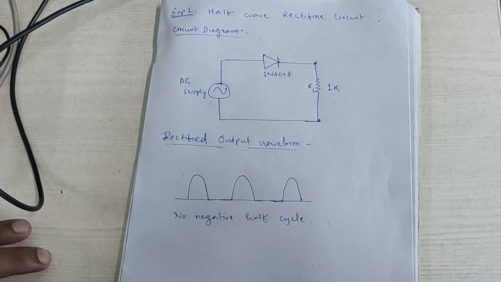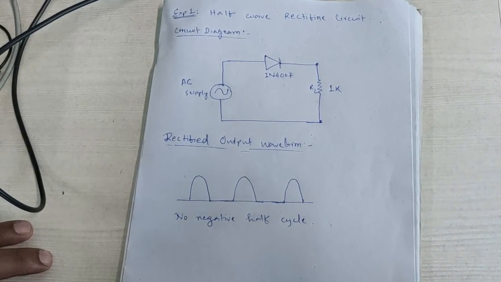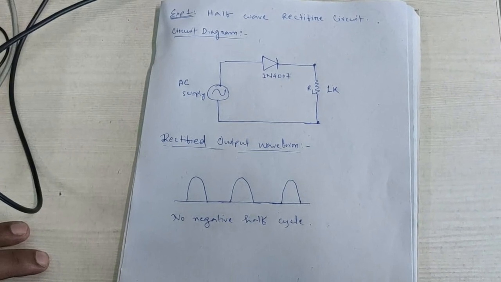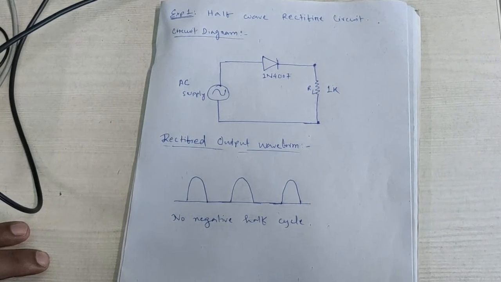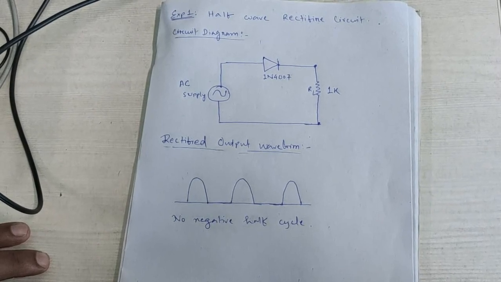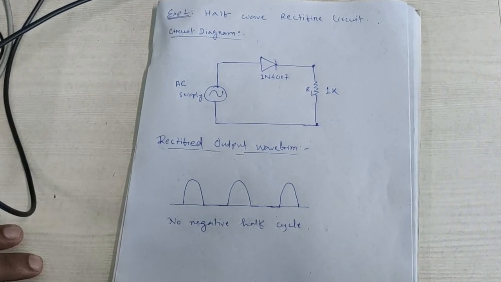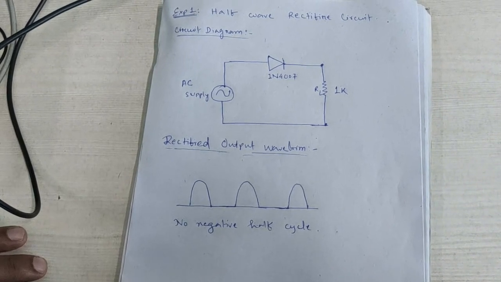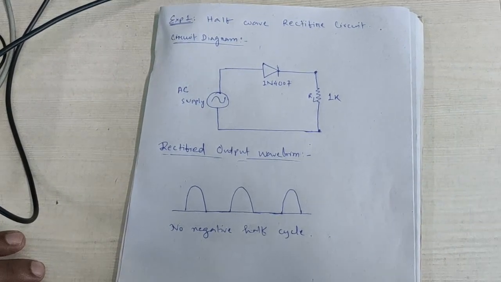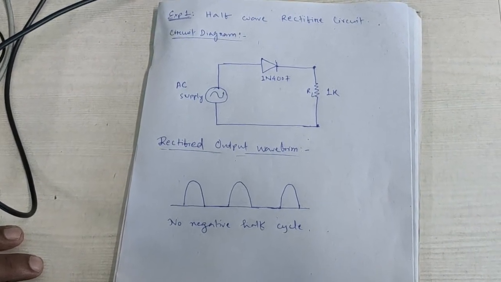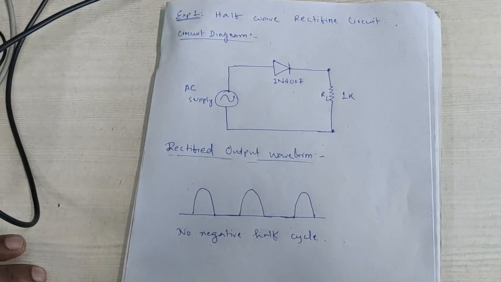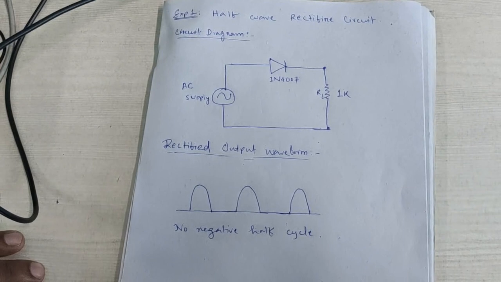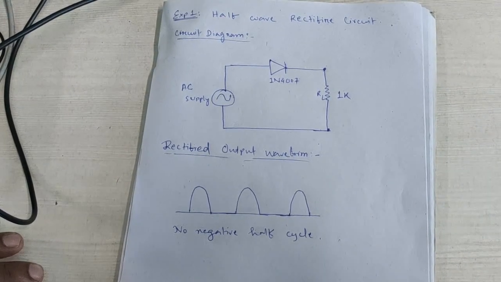So before starting experiments with power devices, we will just recall those half wave and full wave rectifier circuits using diodes which we have studied earlier. After that we will carry forward with our power devices, right?